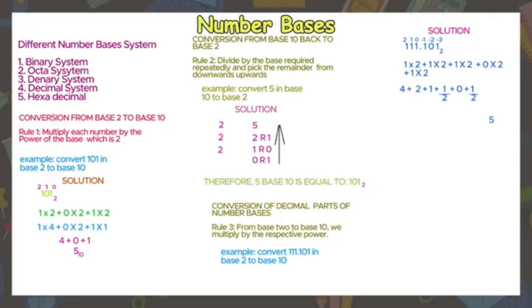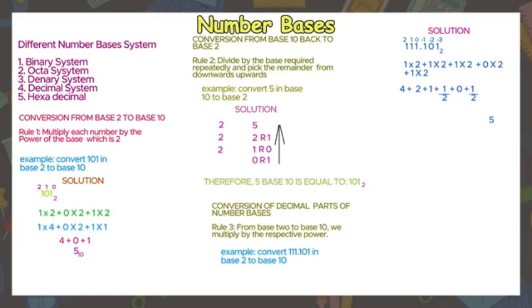Therefore, we are going to have 1 multiplied by 2 raised to 2 plus 1 multiplied by 2 raised to 1 plus 1 multiplied by 2 raised to 0 plus 1 multiplied by 2 raised to minus 1 plus 0 multiplied by 2 raised to minus 2 plus 1 multiplied by 2 raised to minus 3.